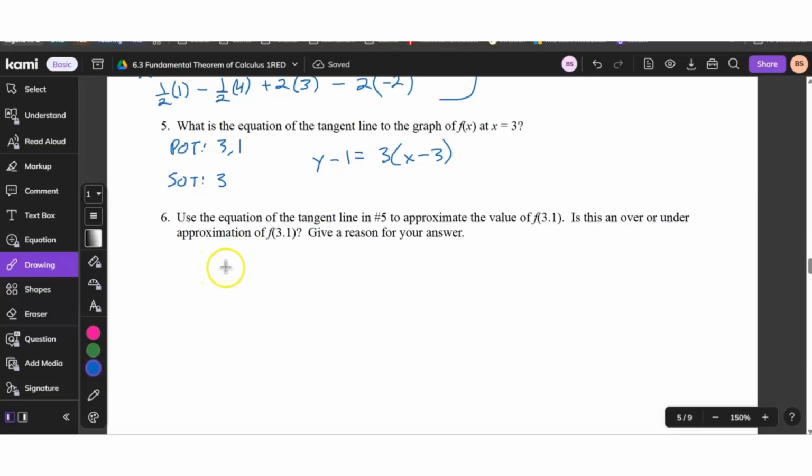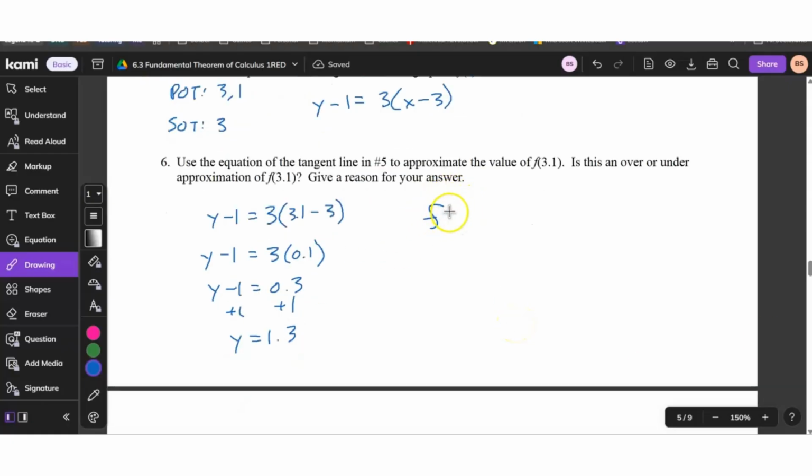Use the equation of the tangent line in 5 to approximate the value of f of 3.1. Is it an over or under approximation? Give a reason. So, y minus 1 equals 3 times 3.1 minus 3. Y minus 1 equals 3 times 0.1. Y minus 1 equals 0.3. Add 1. Y equals 1.3.